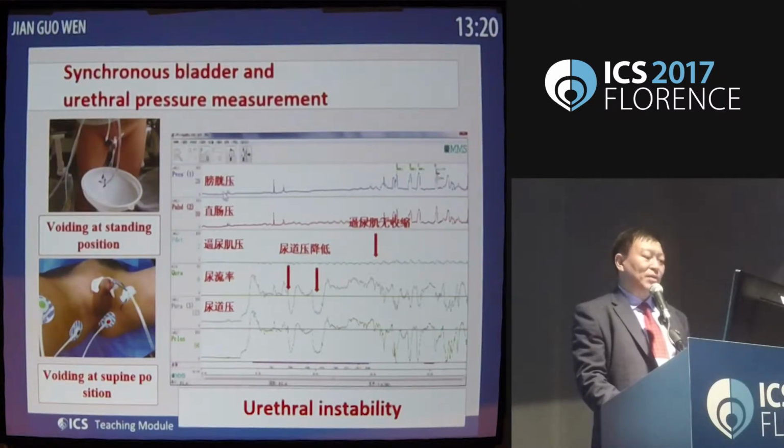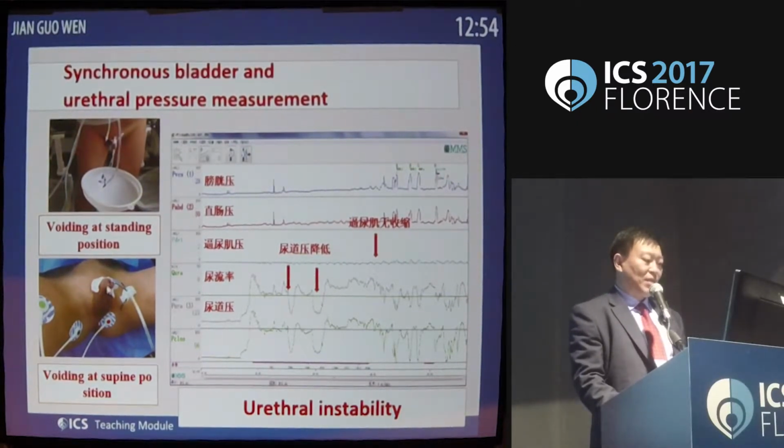Not only can we measure the detrusor pressure by cystometry, we can also use synchronous bladder and urethral pressure measurement at the same time, so we can monitor urethral instability. During the filling phase, we can see the urethral pressure decrease. This can also induce bladder dysfunction or voiding dysfunction symptoms.